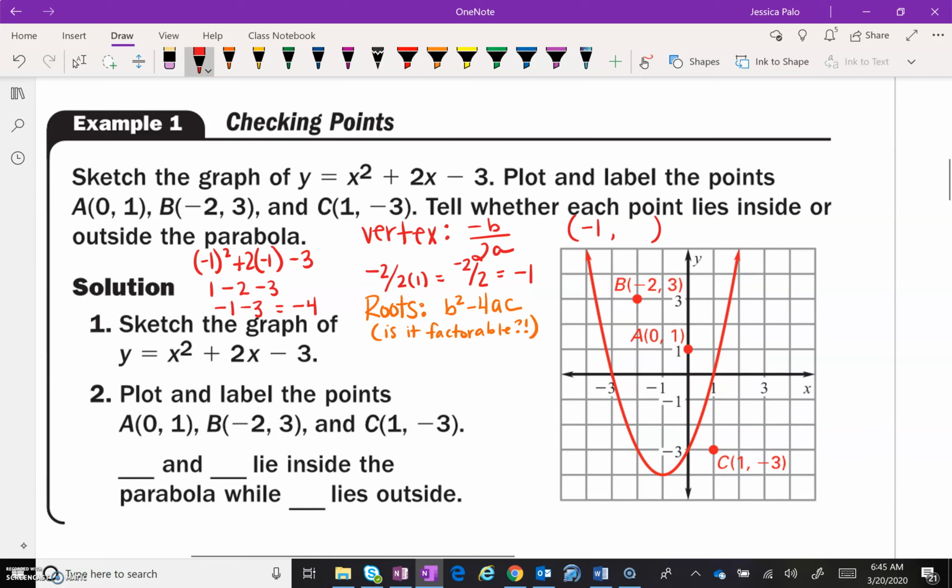So the y-coordinate of the vertex is negative 4. So our vertex is negative 1, negative 4. And we can confirm that right here because the graph is already drawn for us. We are at negative 1, negative 4, and that is correct.